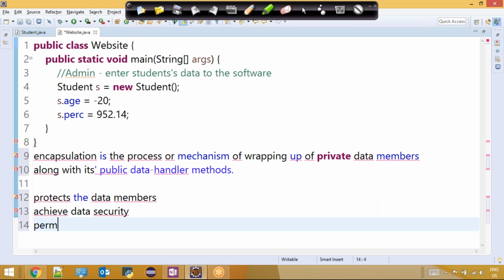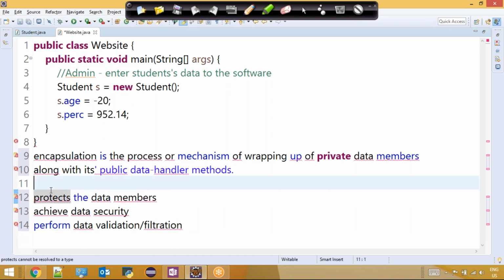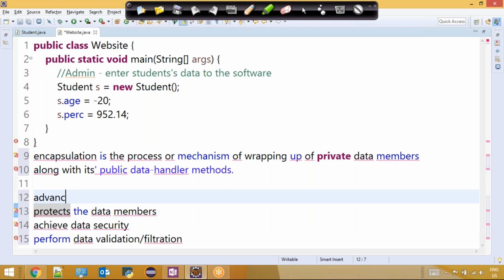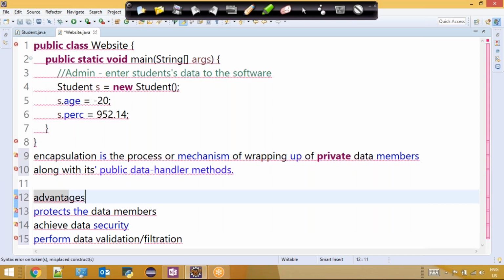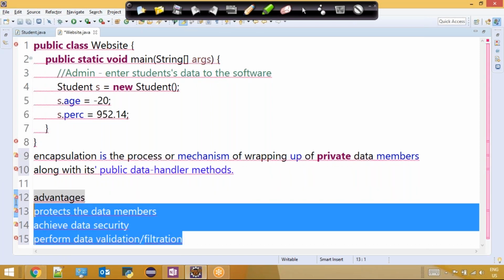We can perform data validation. We can perform data validation or filtration. So these are all the advantages of encapsulation, so you should know them.